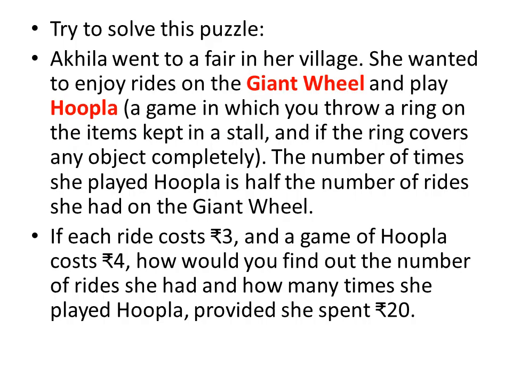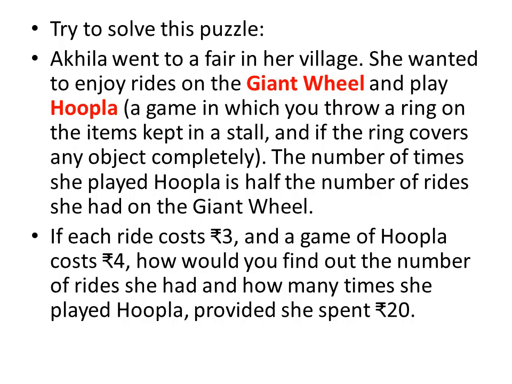Here, Akhila went to a fair in her village. She wanted to enjoy rides on the giant wheel and play hoopla. Hoopla is a game. The number of times she played hoopla is half the number of rides she had on the giant wheel.